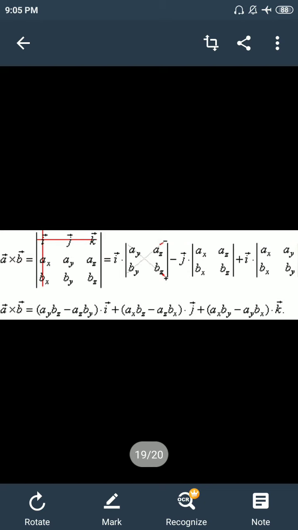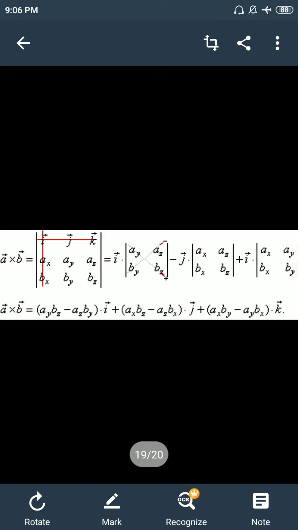Now how do we multiply? First ay, bz, that means the left hand side upper one to the right hand side lower one. So ay bz minus, always we use the minus, az by, into i hat.